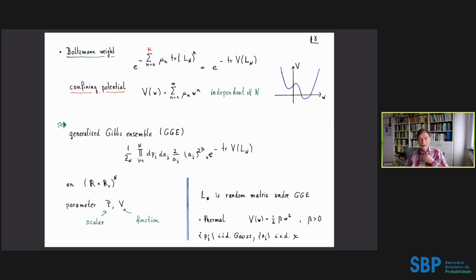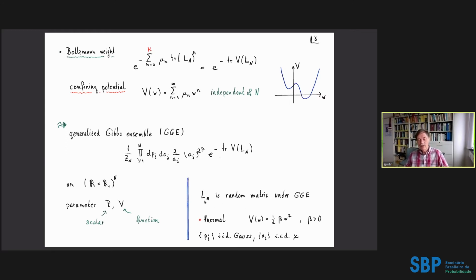Now what we want to compute is the expectation of these conserved quantities. So I want to compute functions of Ln. Sorry, maybe I shouldn't say this yet. Let me first say what is written.